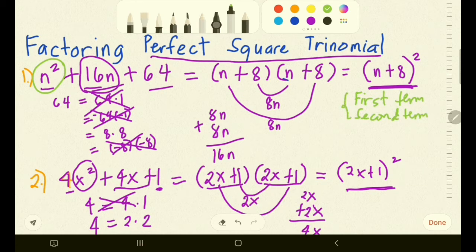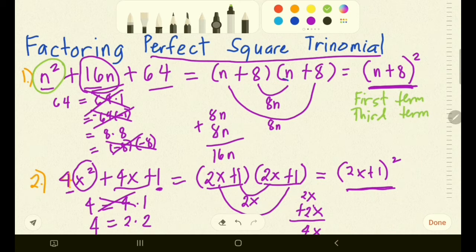They must both be perfect squares. It's not the second term; what I mean is the last term or the third term. To be specific, the third term or the last term.